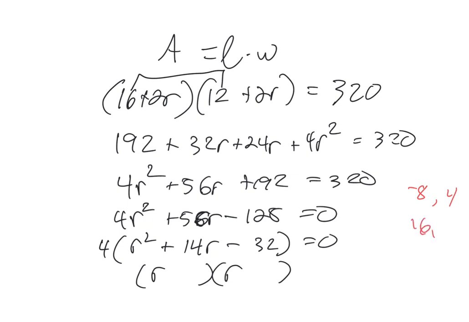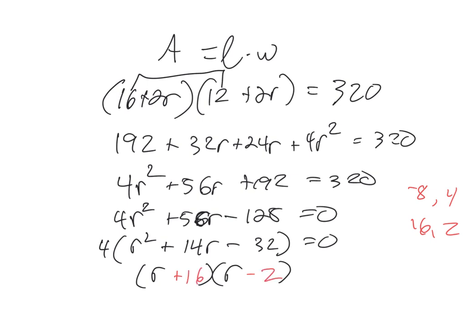I have 16 and 2. They multiply to 32, which is good because I'm almost there. It has to be a negative 32 multiplying, so one of those two numbers has to be negative. One of them is plus and the other one is minus. I want the plus one to be the bigger number because I want this number to be positive. So this number here is 16, the other one is 2.